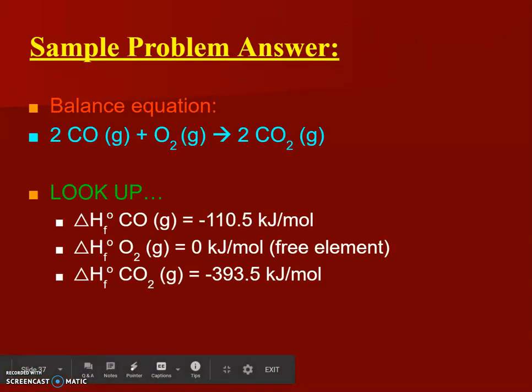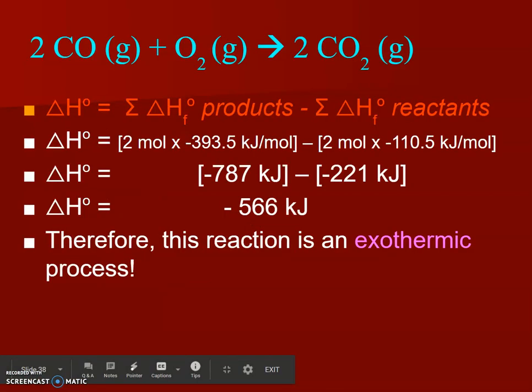Here we have our balanced equation: 2CO plus O2 makes 2CO2. You look up the heats of formation for each of your substances. Notice again that oxygen is a free element because it doesn't have any energy to make it. Then we use the delta H of the products minus the summation of the delta H of the reactants to figure out the overall delta H of the reaction.